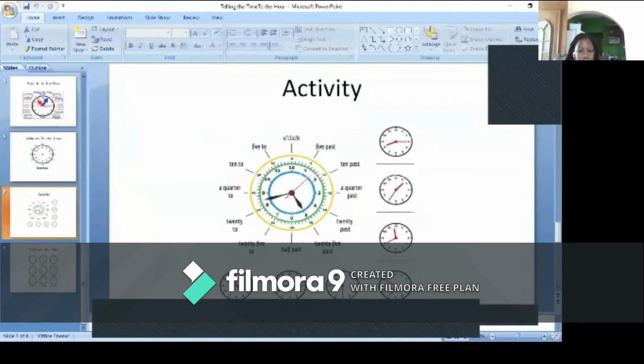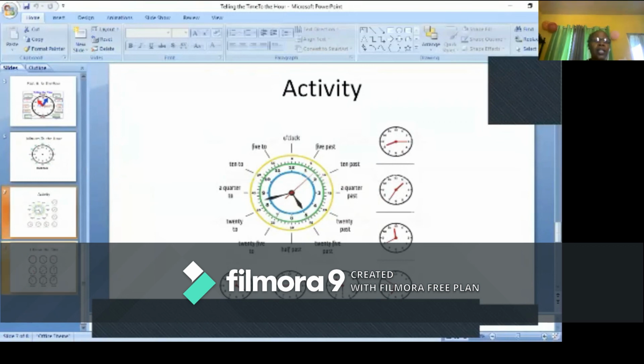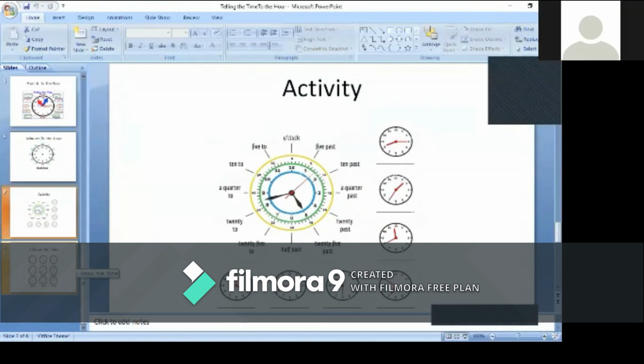Excellent. So what I want you to do for me is to continue to practice this activity. When I'm finished here, I'm going to send you some activity to do, and you're going to count up your minutes, and then you're going to write the time 2 ways.